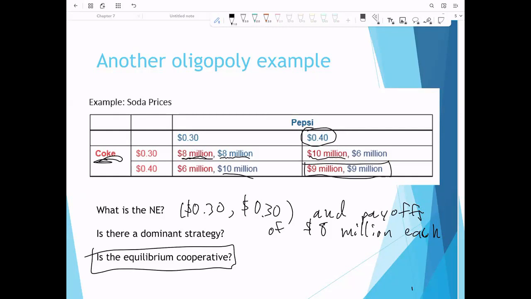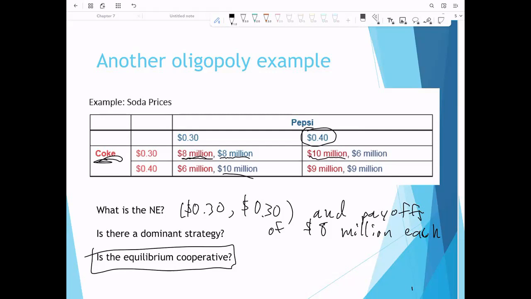They could both get 9 million by charging a higher price. The problem with that is I could say, I'll do the higher price, and then I'm just going to undercut you and go low, and I get 10 million, right? So there's no mechanism in place to punish each other. So it's what's called a competitive equilibrium. Competitive equilibriums are usually better for the consumer because you get lower prices, so consumer welfare is higher.